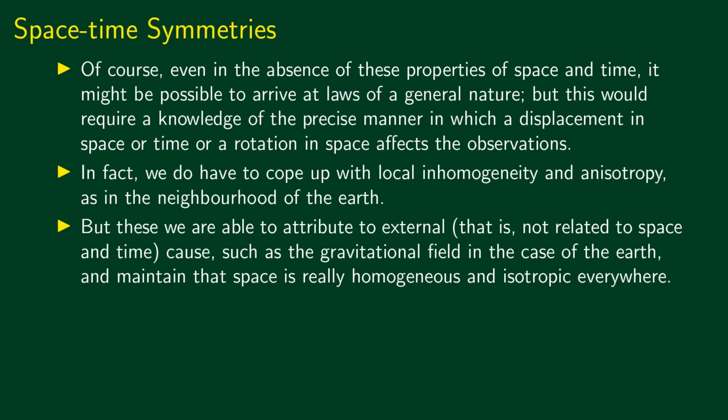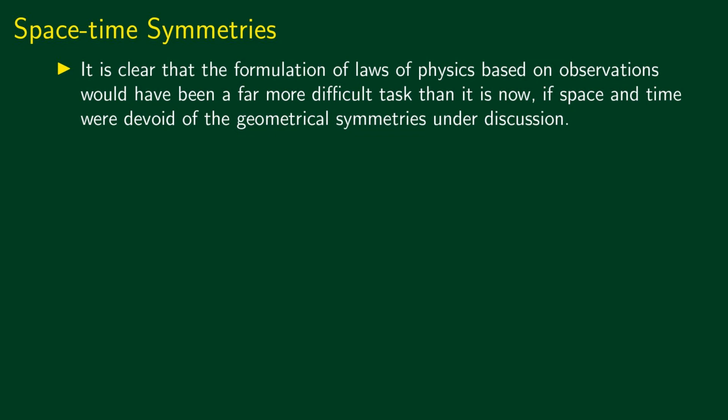There is an inhomogeneity, but this inhomogeneity is because of an external cause and not a fundamental property of space-time. So in spite of these local anisotropies and inhomogeneities, we can still maintain that space is really homogeneous and isotropic everywhere. In any case, if space and time did not have these geometrical symmetries that we have been talking about, then the formulation of the laws of physics based on observations would have been a far more difficult task than it is now.